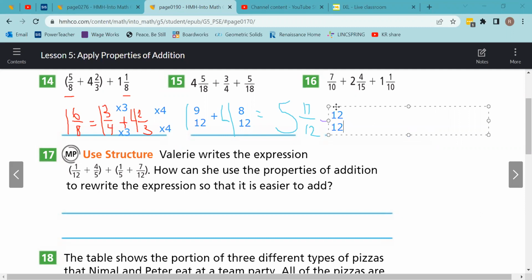Just make sure you understand 17 over 12 is the 1 whole and 5/12 that you get as an answer when you divide, and you add that 1 and 5/12 to the 5. Okay, so here I'm taking away a whole, I'm going to add it to the 5. I end up with 6 whole and 5/12. Okay, so that is my answer all the way back on number 14.